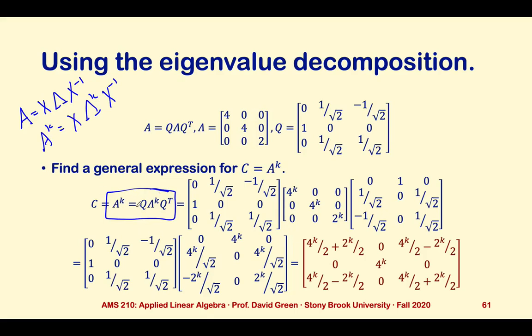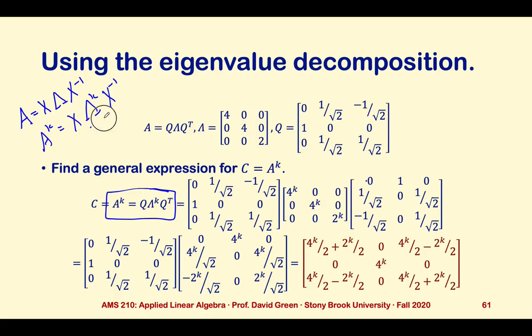Recognizing this problem really is as simple as plugging in the matrices that we already have, Q, represented here, and Q transpose, where we've just taken each column and made it a row: 0, 1, 0; 1 over root 2, 0, 1 over root 2; 1 over root 2, 0, negative 1 over root 2; and so on.